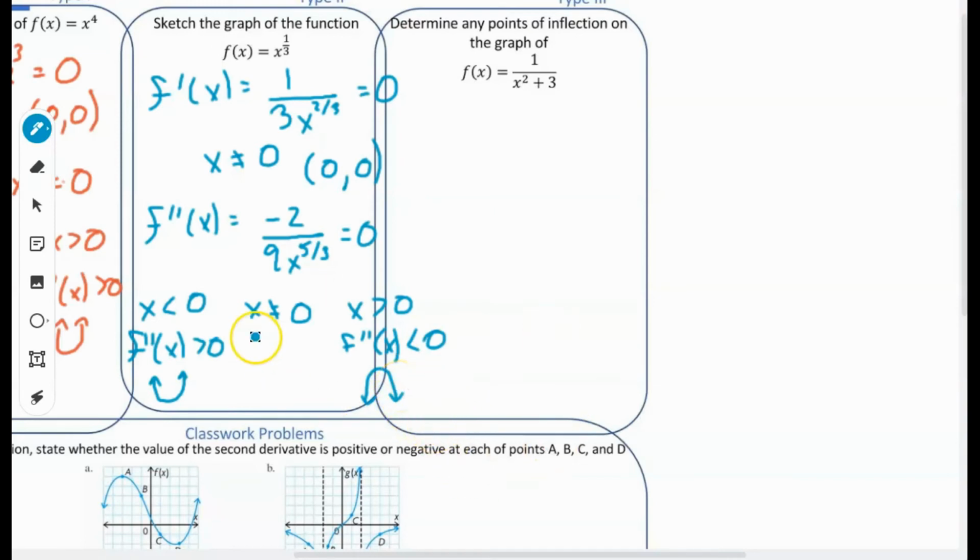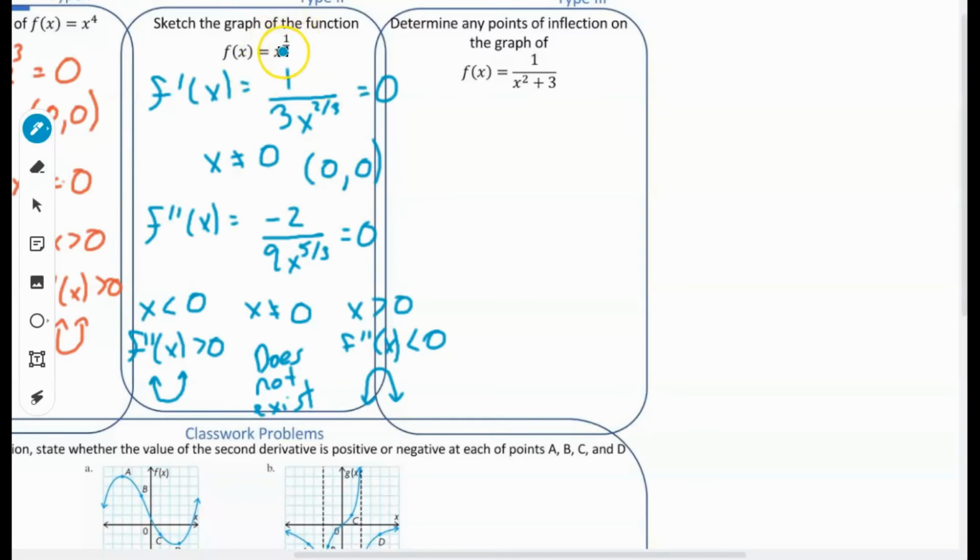All right, now right here at x equals 0, well, x can't equal 0 because the second derivative does not exist at that point. So that gives us some troubles. But we do know a couple things. We do know that our first derivative does not exist at x equals 0. So that means the tangent sort of goes to infinity at that point. Now, the actual point exists.